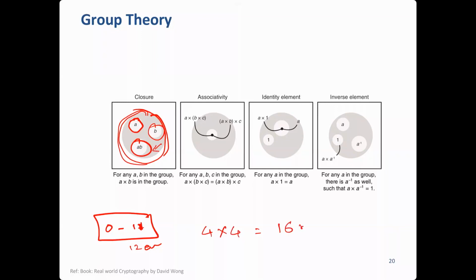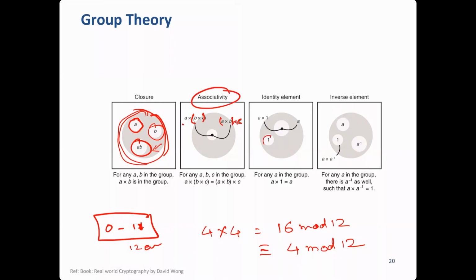You do mod 12, so that's equivalent to 4 mod 12. Okay, so associativity is that if you do a multiplied by b into c, first you multiply b into c and multiply with a, which is equivalent to you multiply a into b and multiplied with c. So it follows the associative property also.